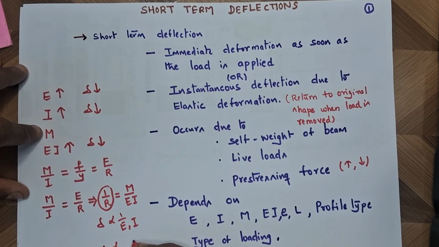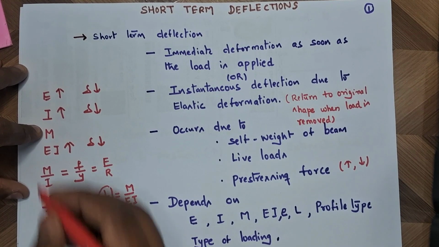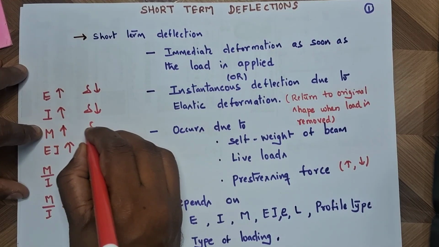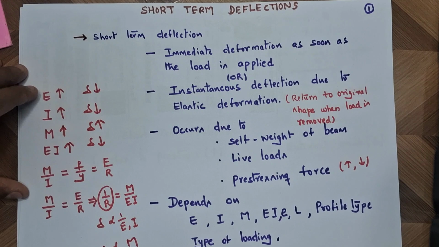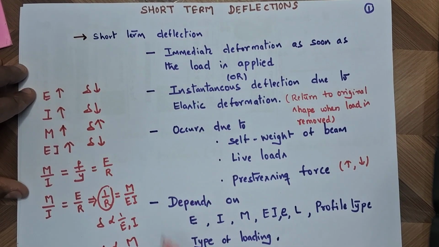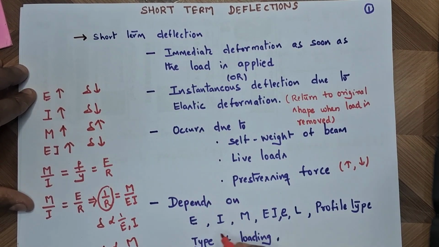Deflection is directly proportional to moment. As moment increases, deflection also increases. Right? That's why short-term deflections generally depend on E, I, moment, flexural rigidity.